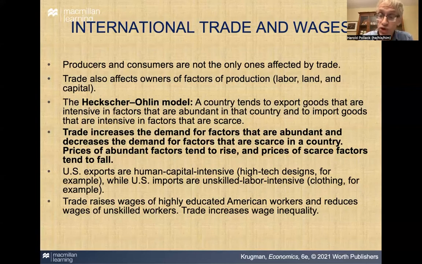But American workers who want to buy an iPhone, who work at McDonald's or whatever, they benefit from cheap goods. So it is not necessarily the case that trade makes poor people in the United States worse off, but it does have these distributional effects that can really matter a lot. And so that's just a fact about the way trade works.